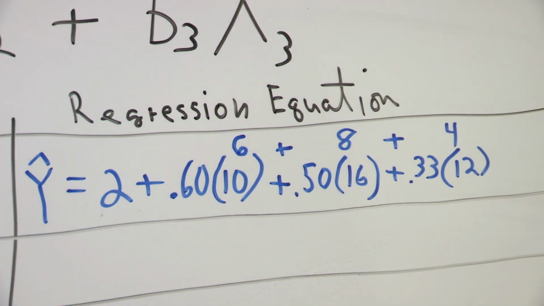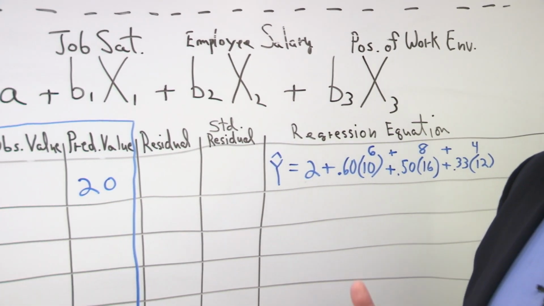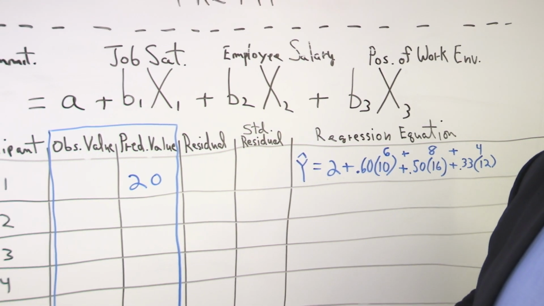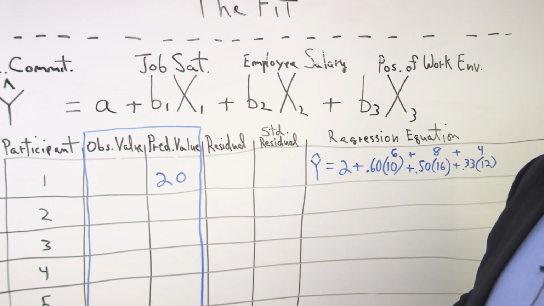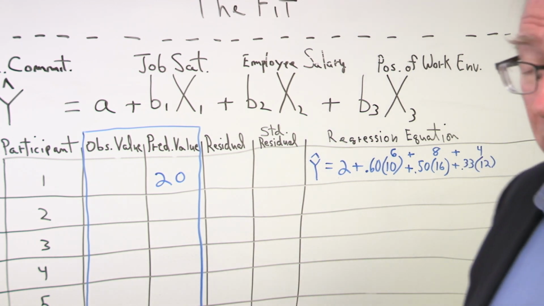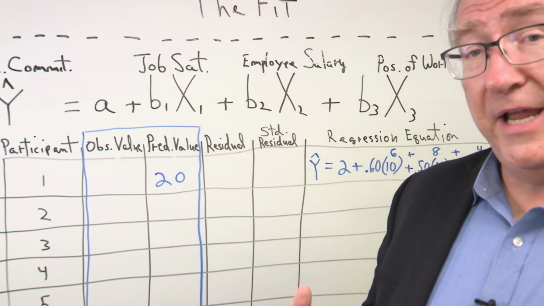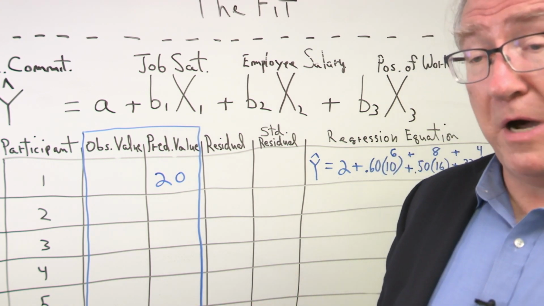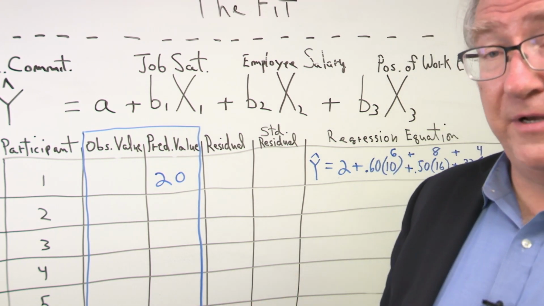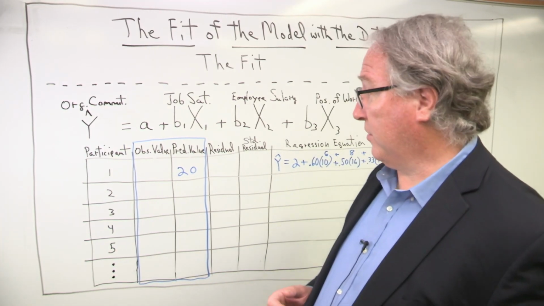And let's say that the range of possible scores on the outcome variable measure for organizational commitment is from 1 to 40. So if you're at 1, you have a very low level of organizational commitment. If you're at 20, you have a moderate level. And if you're at 40, you have a very high level of organizational commitment.